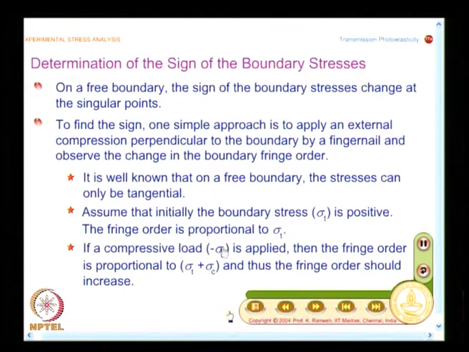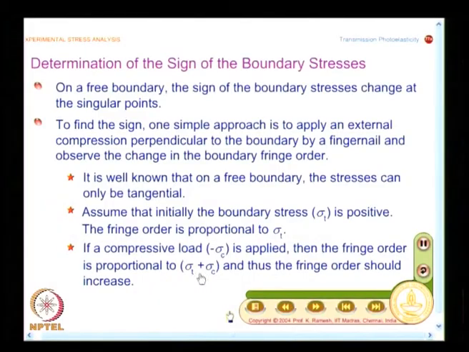Suppose I go and apply a compressive load, minus sigma c, by a fingernail, then what happens to the fringe order? We are only looking at sigma 1 minus sigma 2. Now, I apply a compression through the fingernail. So, minus of minus becomes positive. So, I get this as sigma t plus sigma c, and thus the fringe order should increase.